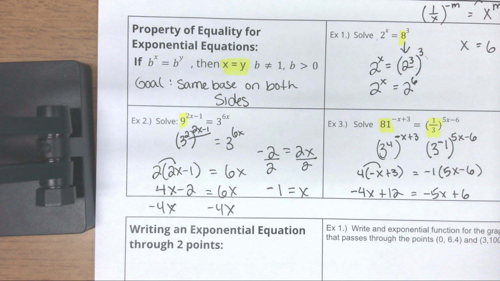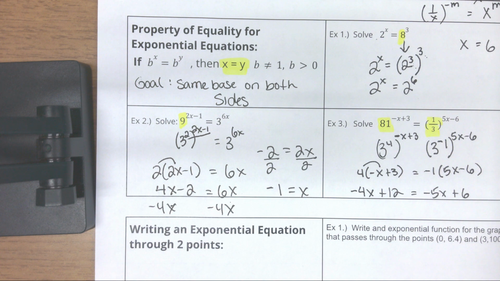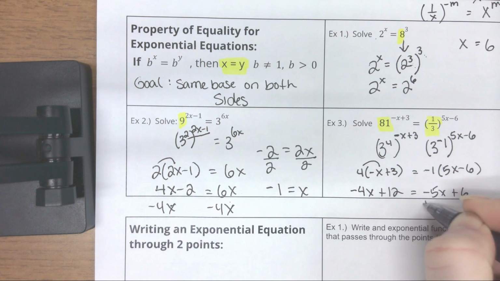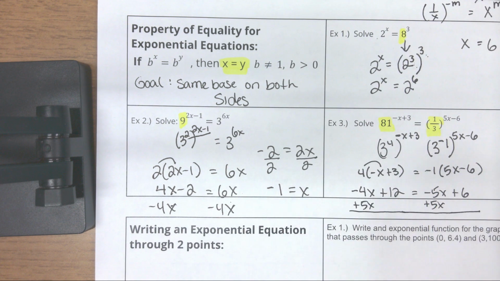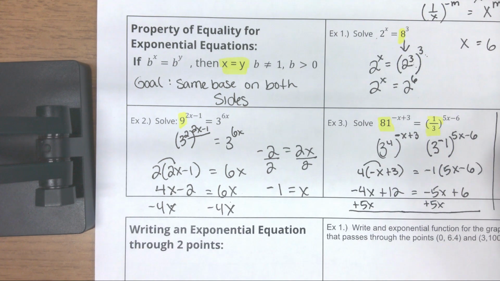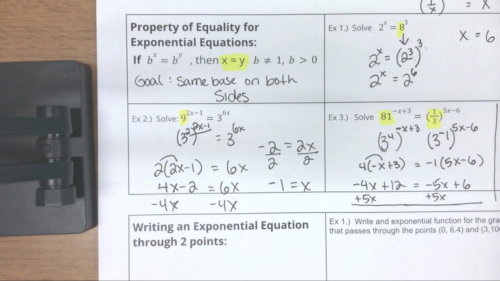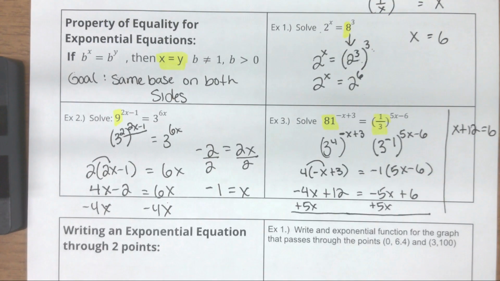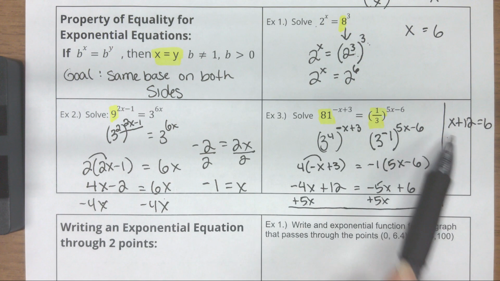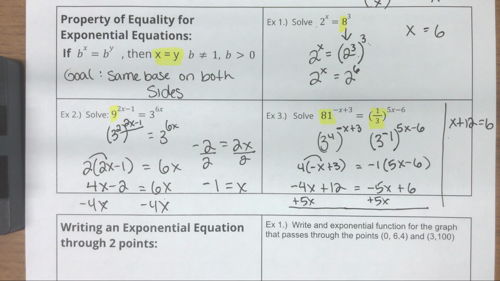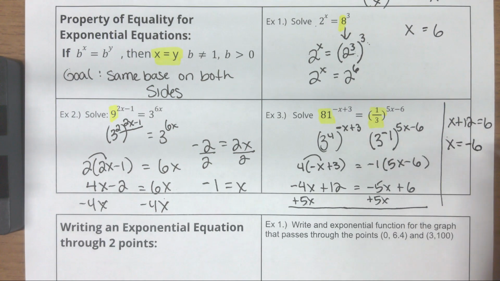What do I do now? Are we adding 5x to both sides? So I have x plus 12 equals 6 now. Right? Is it negative 4x plus 5x, x plus 12 equals 6? Are we following? Okay. And then I just would subtract that 12. So x would equal negative 6.